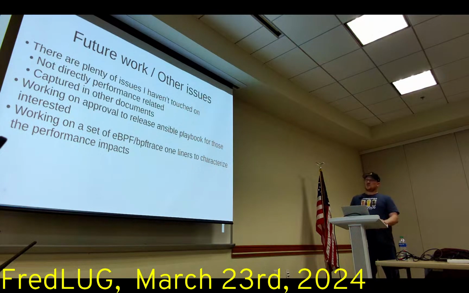So I was hoping to put a little toolkit together, kind of like the BCC tools that exist for the BPF compiler collection, but focused on capturing the latency characteristics that all of the STIG changes induce in your environment. I've got a bunch of one-liners, but I haven't formalized anything yet. I'd really hoped to have that done, but I'm not even close.